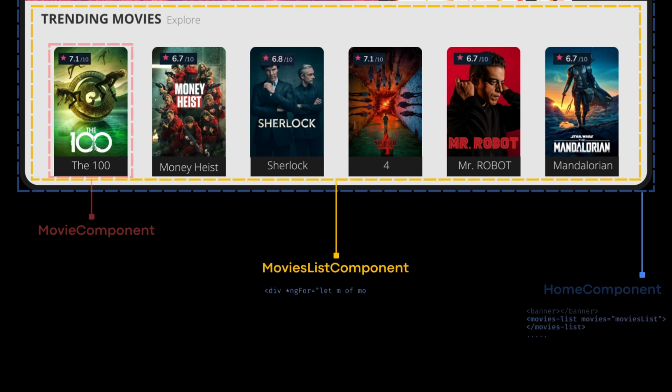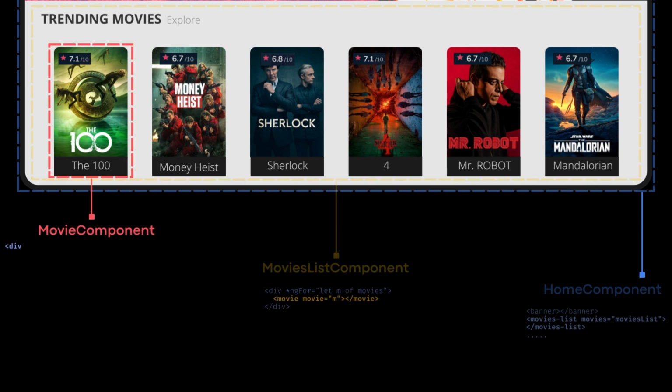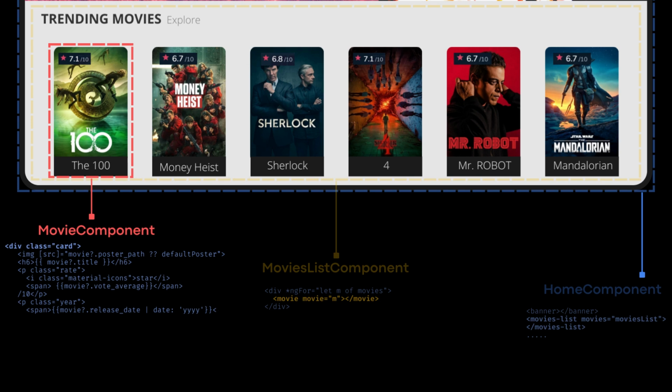This one contains the movie component list we looked through thanks to the ngFor directive. And finally, the movie component is just a classic HTML card with the name of the movie, its rating, its poster, etc.